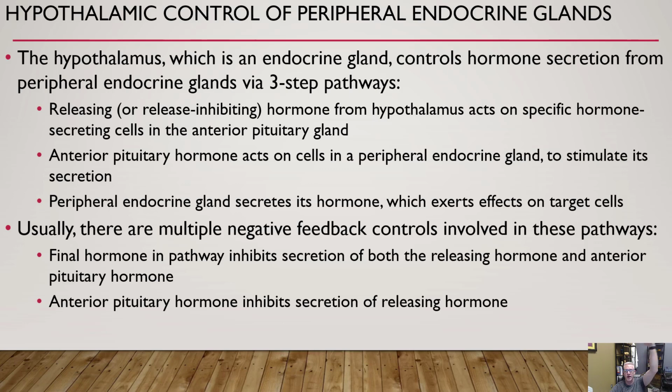So the hypothalamus acts on the anterior pituitary, then the anterior pituitary releases those hormones to act on the thyroid, for example, to stimulate the thyroid to secrete its hormones. And then the peripheral glands secrete their hormones, which exert effects on their cells. So there's that three-step pathway: hypothalamus to anterior pituitary, anterior pituitary to the hormone.